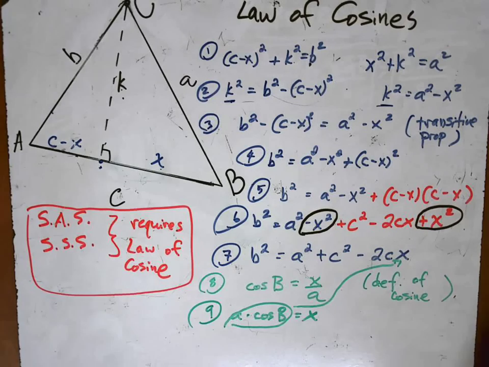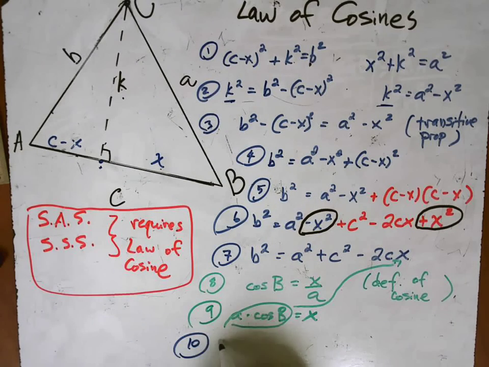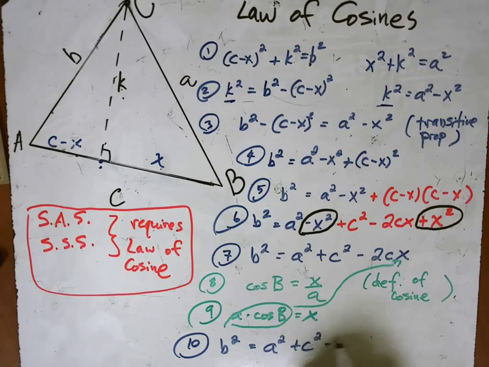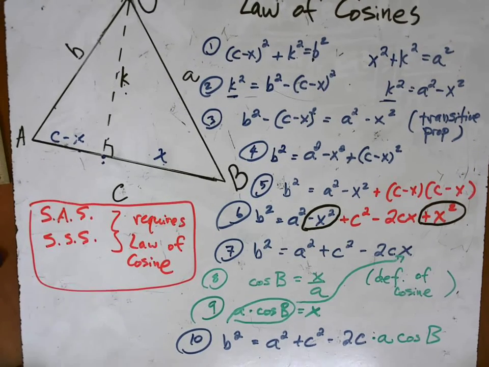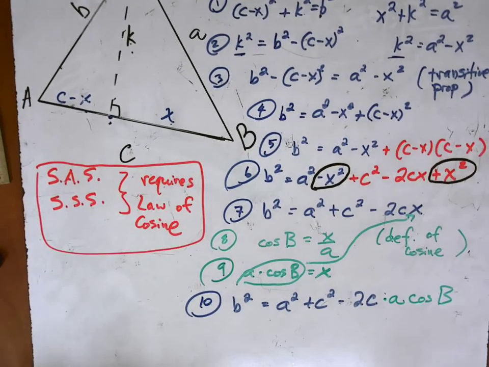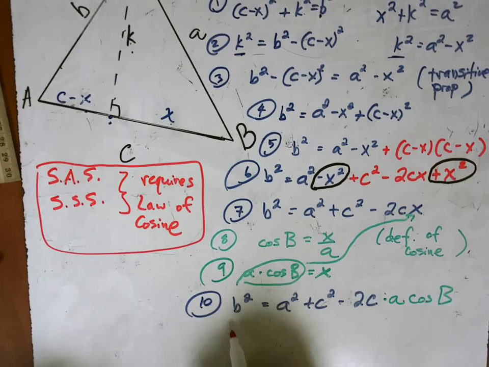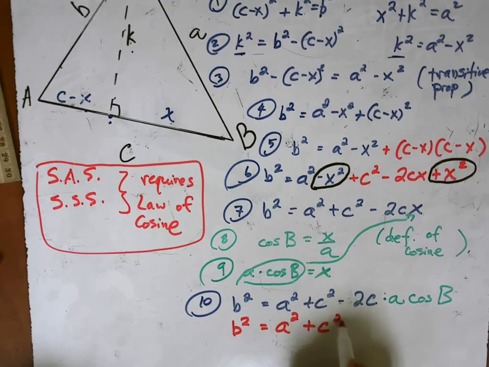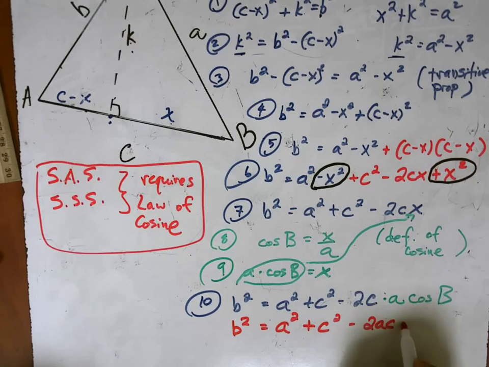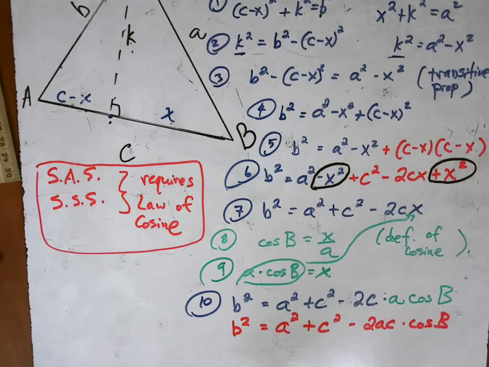So really my last step here is b squared equals a squared plus c squared minus 2c times a cosine B. So I'm going to rewrite it just so that it looks a little bit nicer. This really isn't anything special, but I'm going to rewrite it as a squared plus c squared minus 2ac times cosine B. Okay, and there it is.